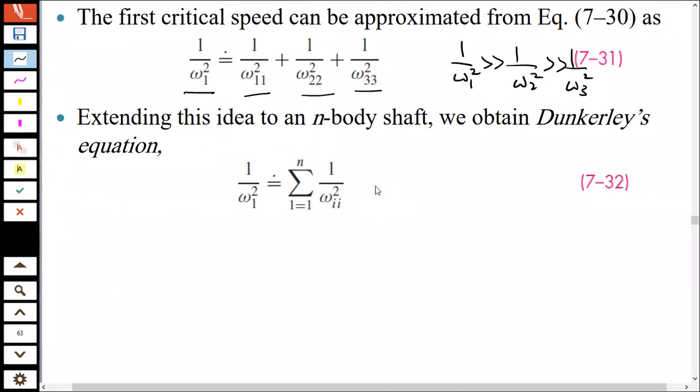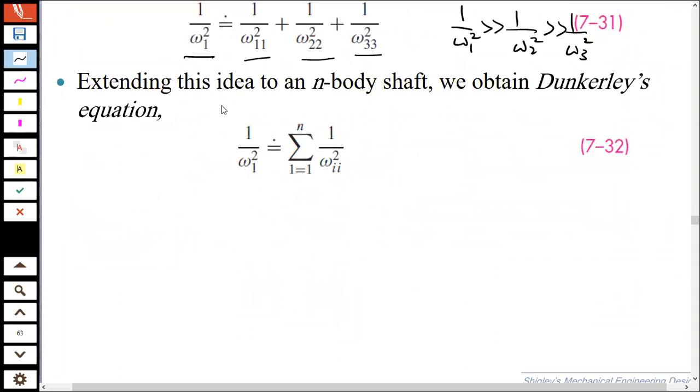And therefore expanding this idea to an n body shaft, we obtain an equation which is known as Dunkerley's equation. Dunkerley's equation says that 1 over omega 1 square is the sum of 1 over omega I square.